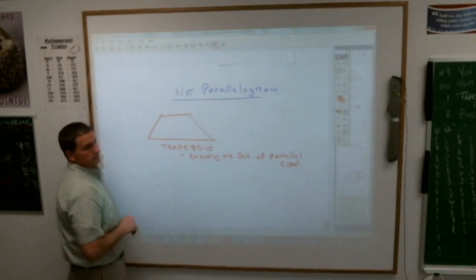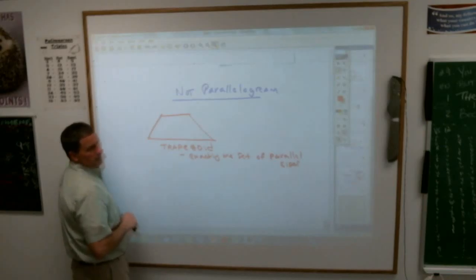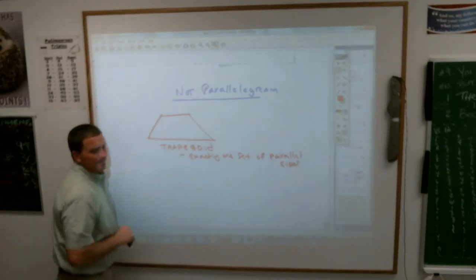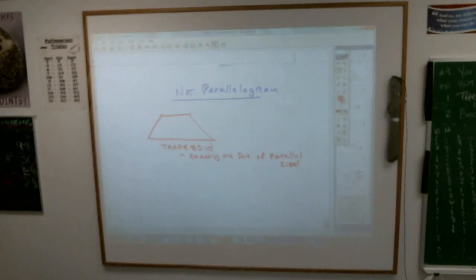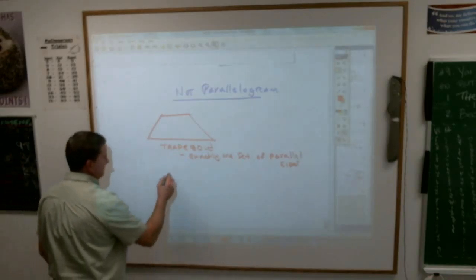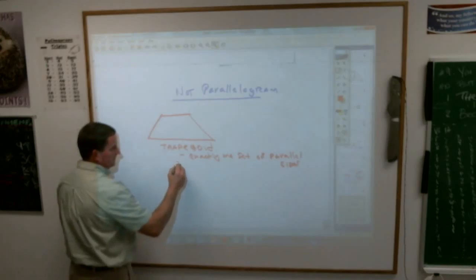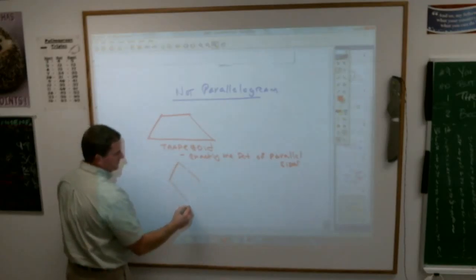Another one? Logan? A what? I don't think a diamond is actually classified as a shape. I don't think the book actually calls it a diamond. They call it a kite, where you have something that looks like this.